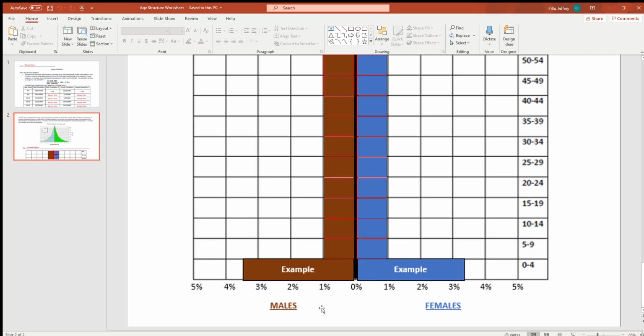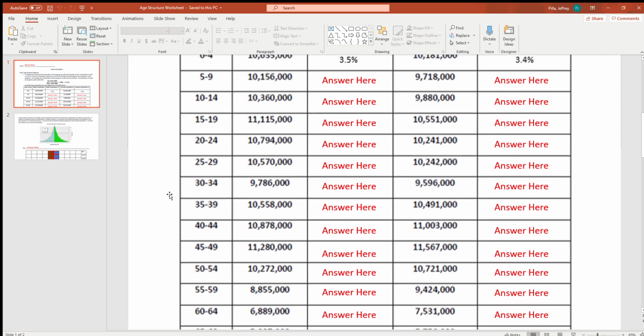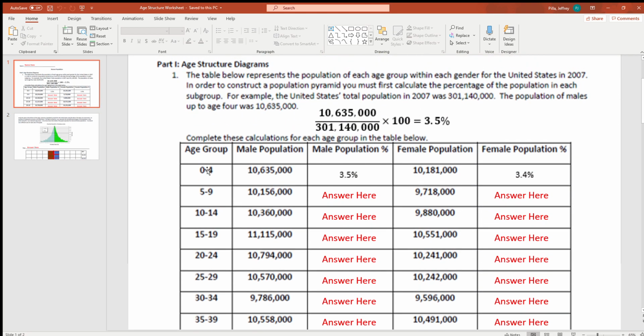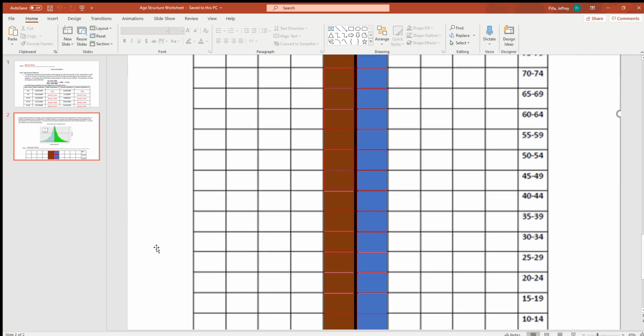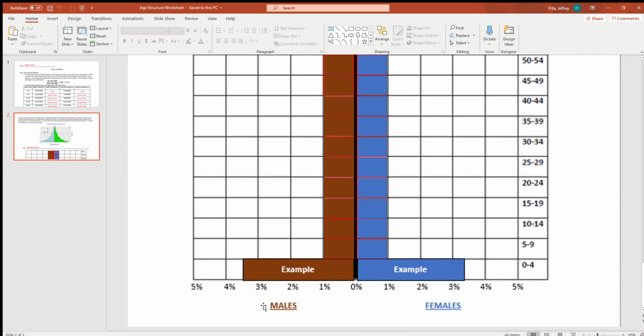Now, I did the first two for you. If you recall on the first page, let me scroll back up here. Males between 0 and 4 made up 3.5% of the population. So, on our population pyramid, on the males side, see I labeled males to the left, females to the right.